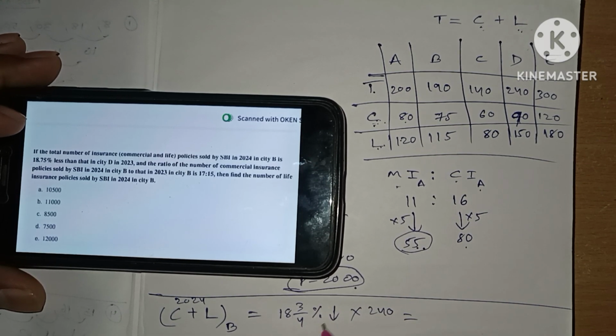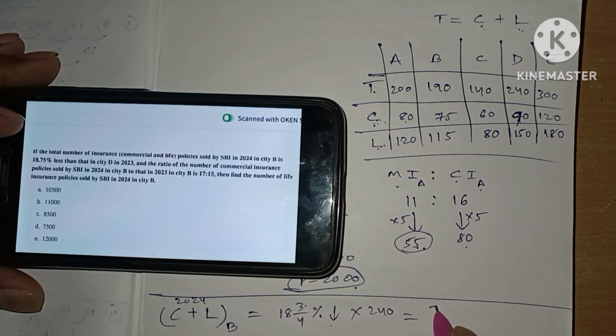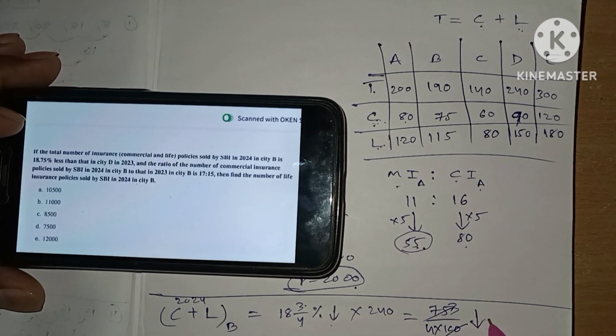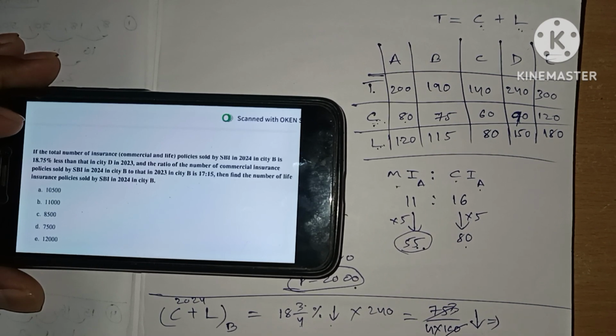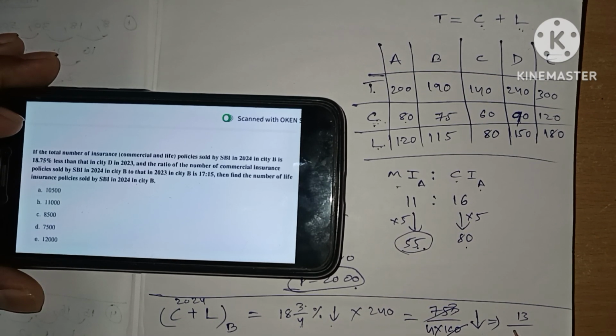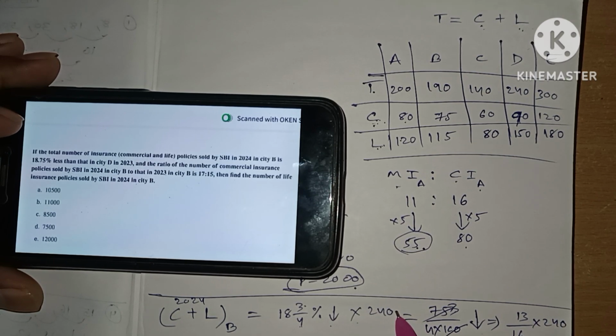So what this means is 18.75 is 75 divided by 4 into 100, which is 3 by 16. It is talking about less, so 13 divided by 16 into 240, and we have extra zeros also.